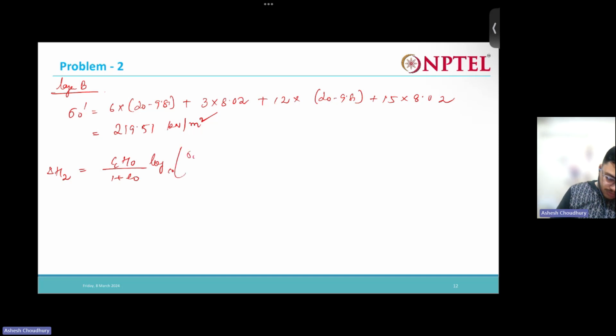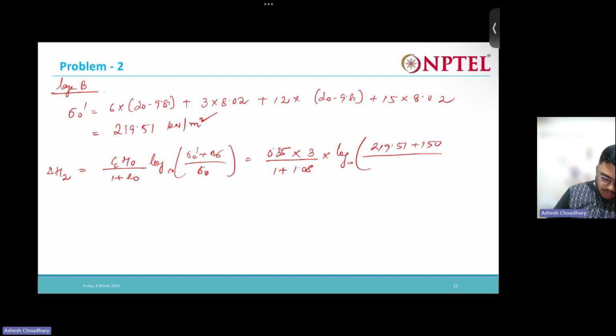Then so less settlement is going to occur here, right?